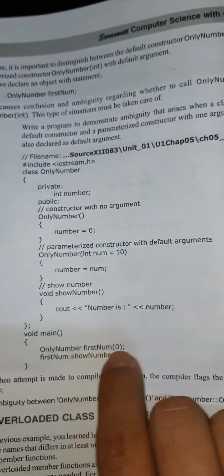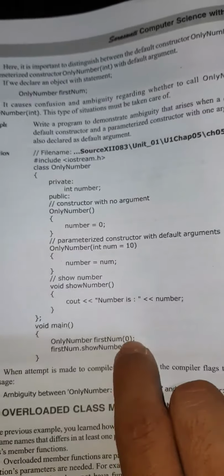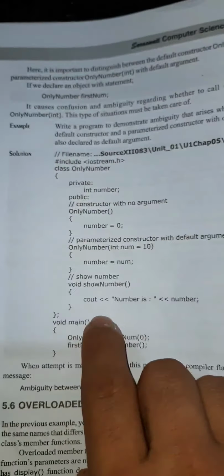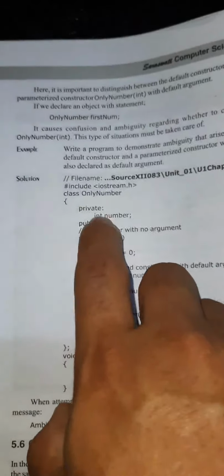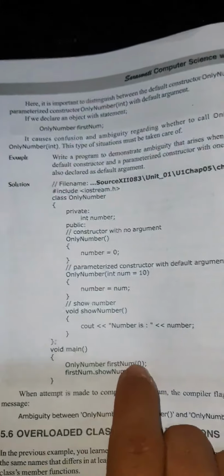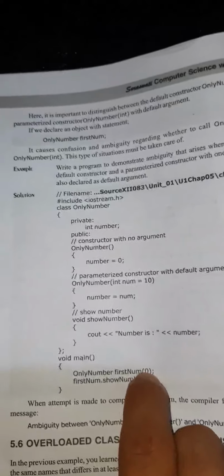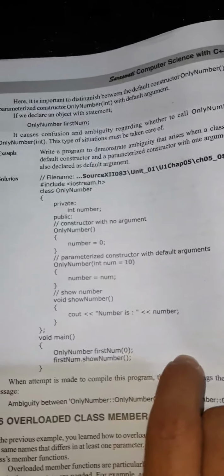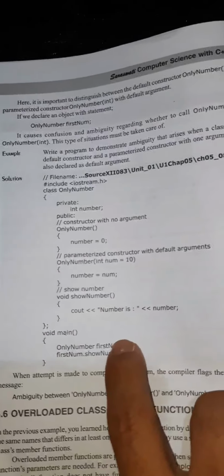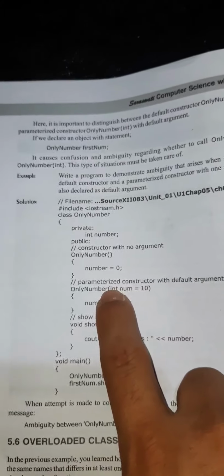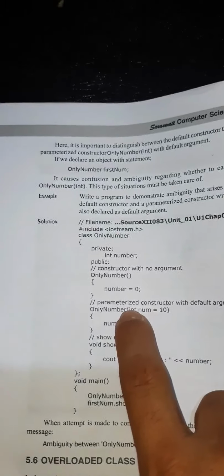There's no proper definition for the constructor to be invoked. It can invoke either this one or this one. Now if there was an implicit call, if suppose the default values were assigned to the object, in that case it will call this parameterized constructor.